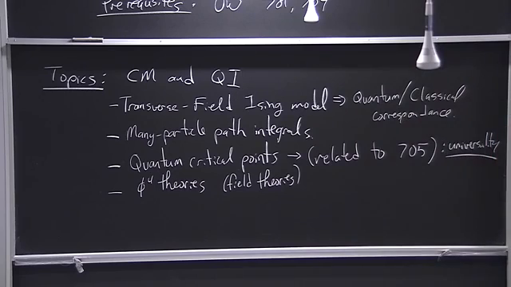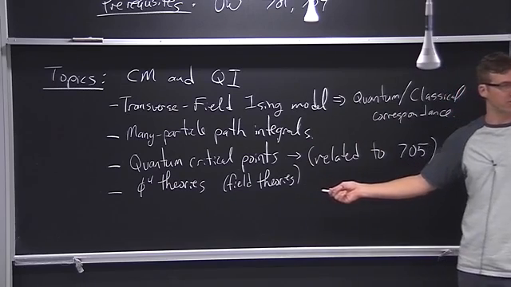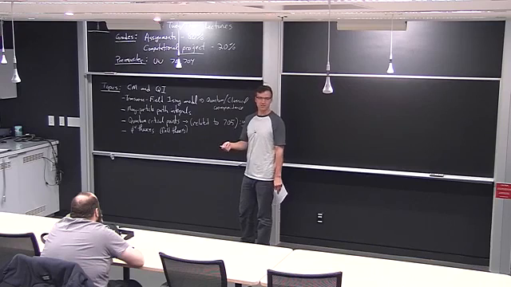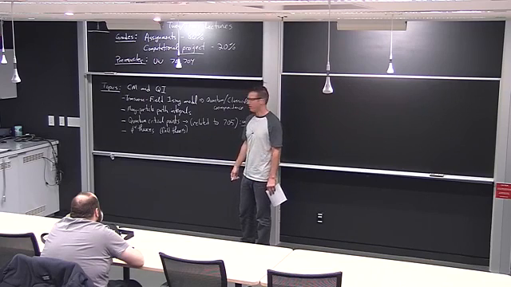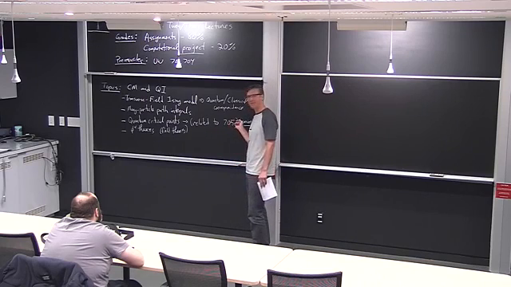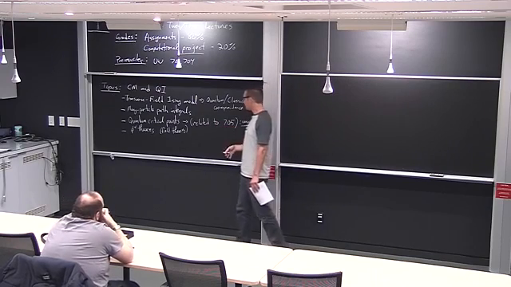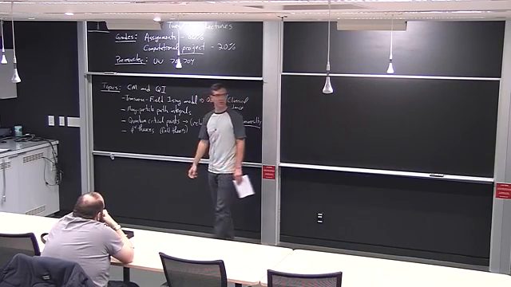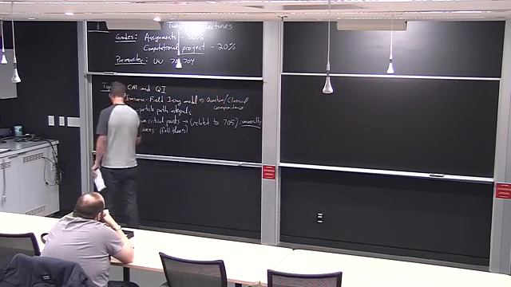So one of the amazing things with field theories is that the same field theory will describe a whole bunch of phenomena in condensed matter as well as in high energy systems. And really this universality and quantum criticality plays a big role in this. But just the structure of the theories is very similar. So that's something that we'll definitely see a little bit of in this class.